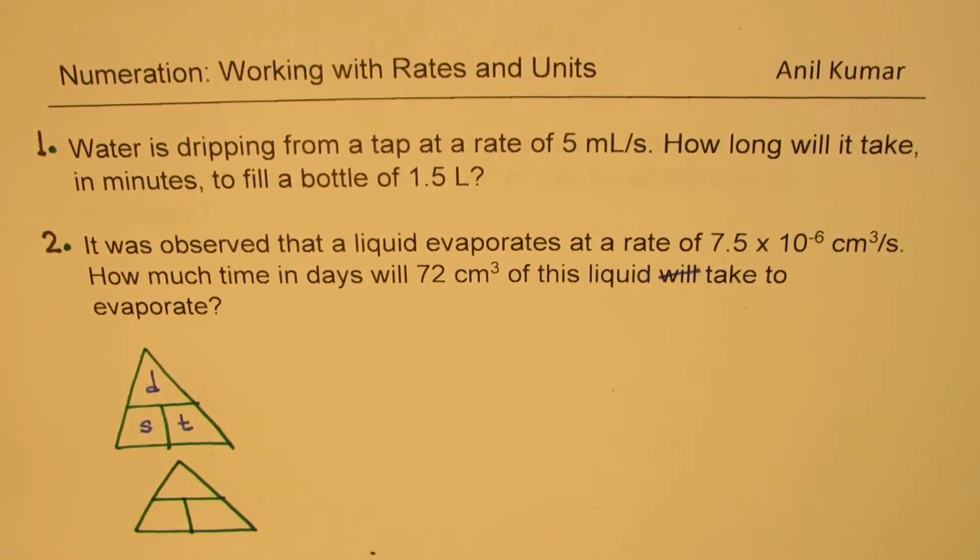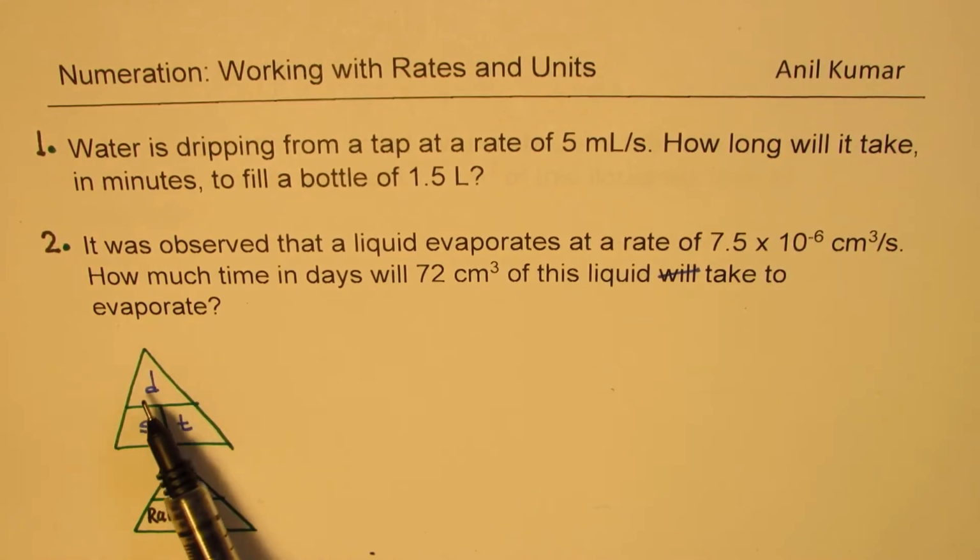Here we have the rate, here we have time, t, and here we have the capacity or amount, let's say total capacity, c. It is the same formula. Distance is the total amount which you have to cover, speed is the rate at which you are covering this distance, and t is the time taken. So it is the same formula.